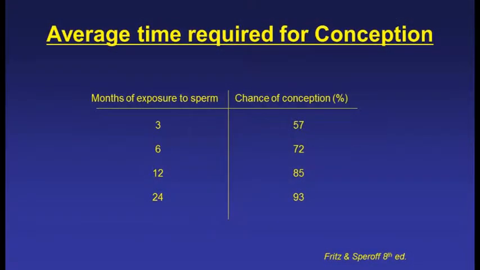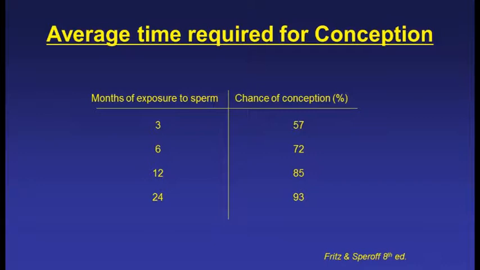The average time required for conception is where the year of infertility was built off of. If you've been trying for 3 months, the chance of conception is 57%, 6 months, 72%, 12 months, 85%, and after 2 years, 93% get pregnant.